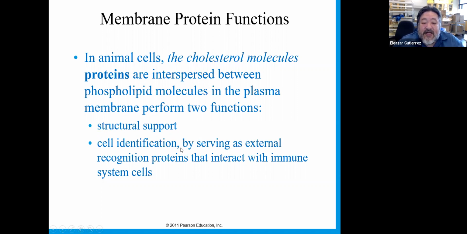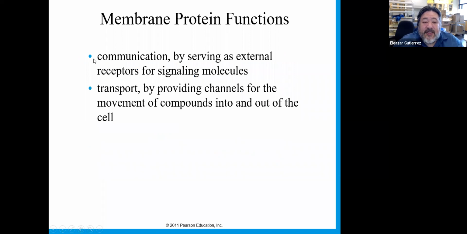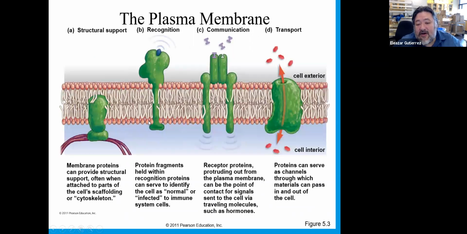They perform cell identification by serving as external recognition proteins that interact with the immune system cells. They carry out communication by serving as external receptors, and transport by providing channels. A picture's worth 1,000 words. Here they are, here's the 4. This is what you need to know.